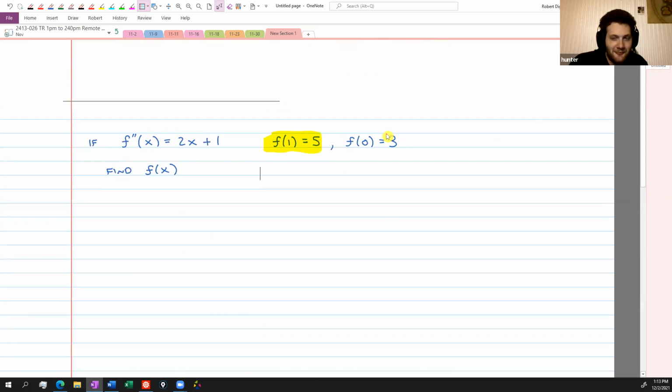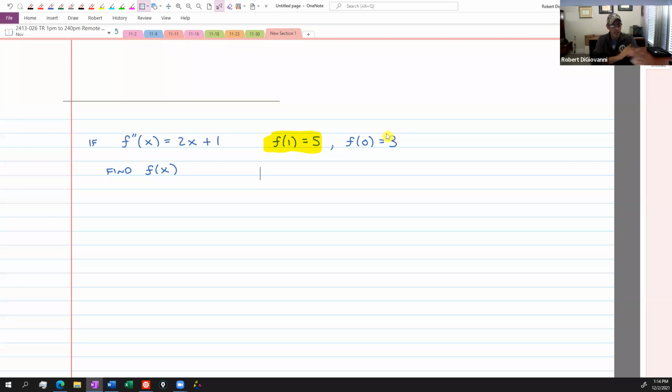So instead of giving you the acceleration function, think of it this way. Instead of giving you acceleration and then telling you one thing about the velocity and one thing about the position, I'm now giving you acceleration and I'm giving you 2 things about the position and no information about the velocity. And the question is, can we still come up with the position function?